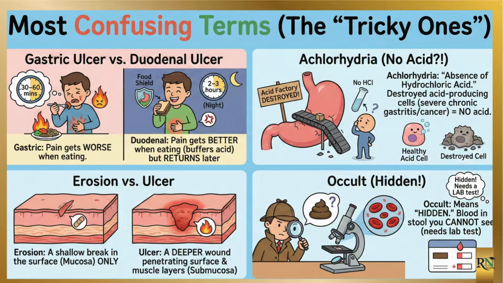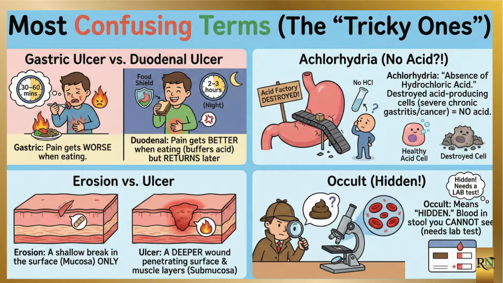Then we have erosions, a superficial loss of the gastric or intestinal mucosal surface, not as deep as ulcers. Like scraping the top layer of skin, here it's the stomach lining.